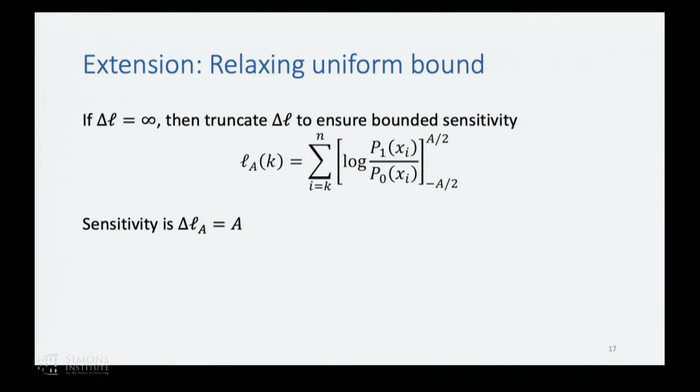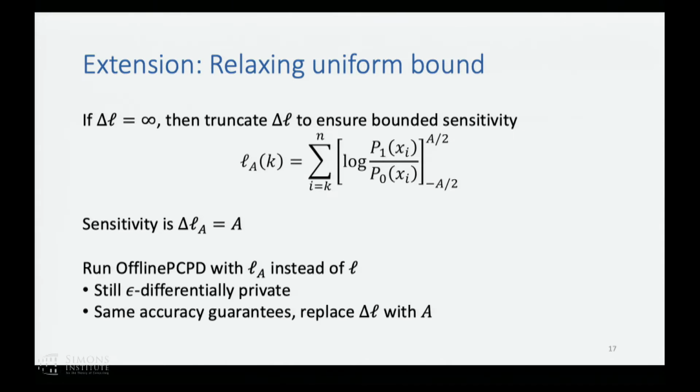And the nice thing is that now delta L is just A because we've ensured it. It's actually not so different than if you're doing private deep learning and you want to clip gradients. In the worst case they can be very, very large, but it actually helps to do that clipping when doing it privately.